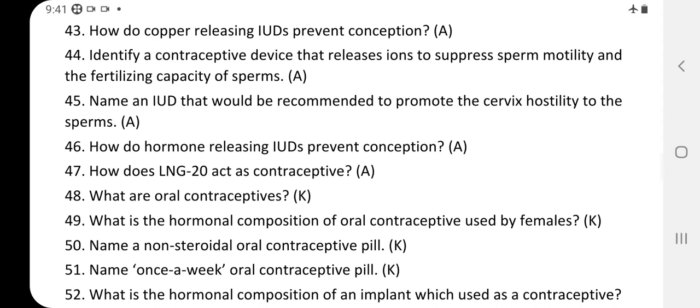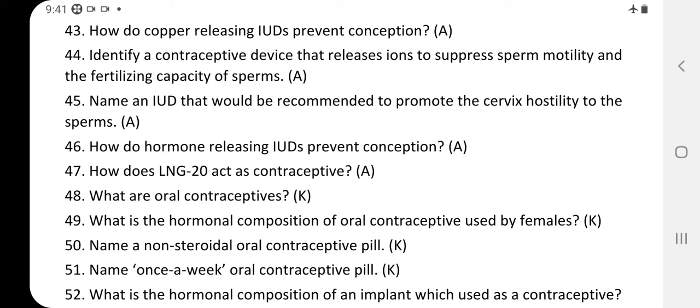Name an intrauterine device that would be recommended to promote the cervix hostility to the sperms. They are hormone releasing IUDs.